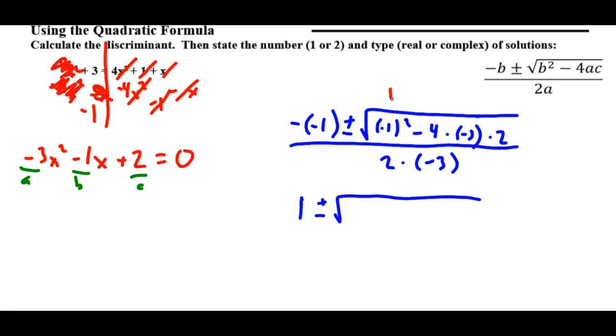And then I have minus 4 times negative 3, which is positive 12, times 2 is 24. So I have plus 24. So that's going to be 25 inside the root. And all of that is over 2 times negative 3, which is negative 6. So I've got that boiled down quite a bit.